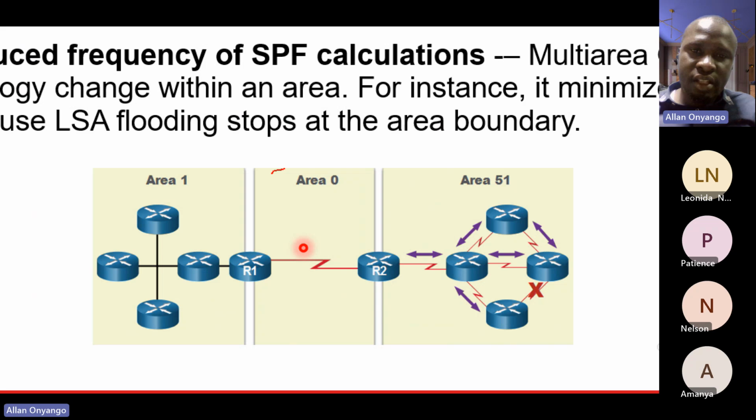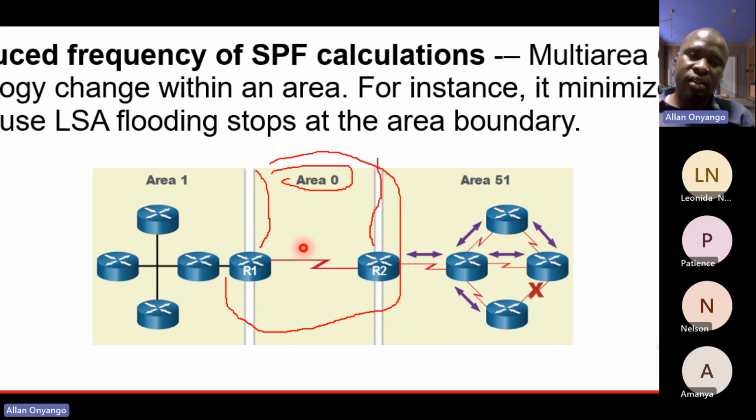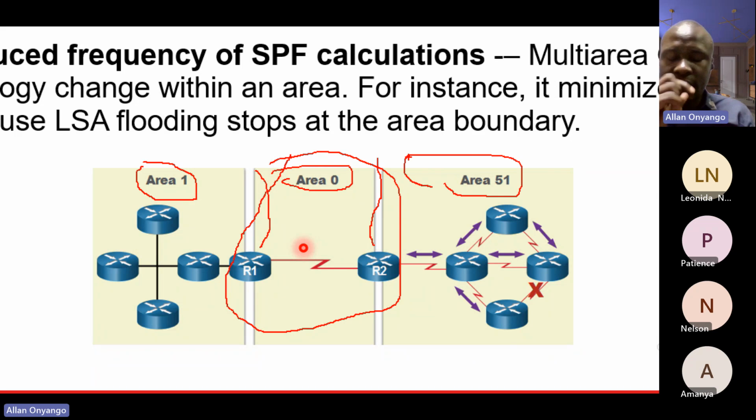You can see the area 0 is here. So we can see this is our area 0, call it the backbone area. And then we have area 1 to the left, area 51.